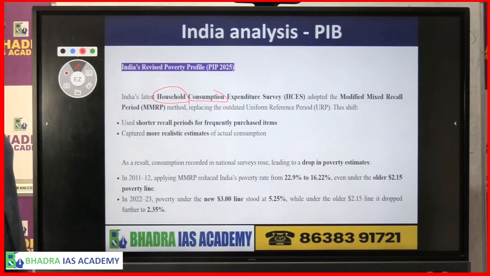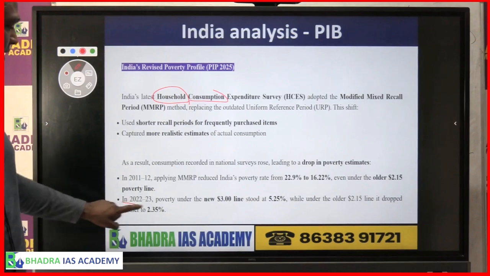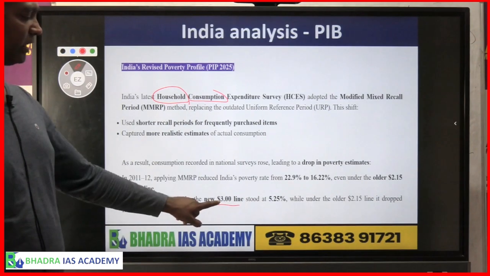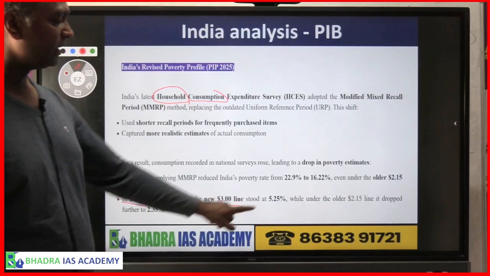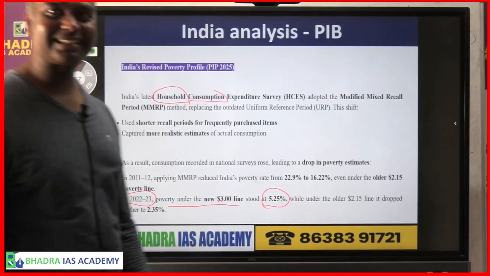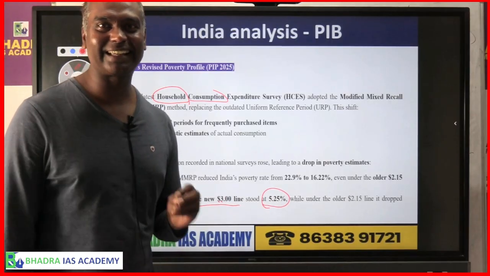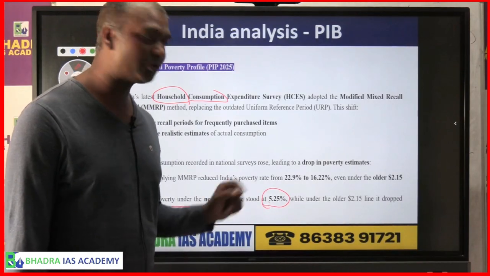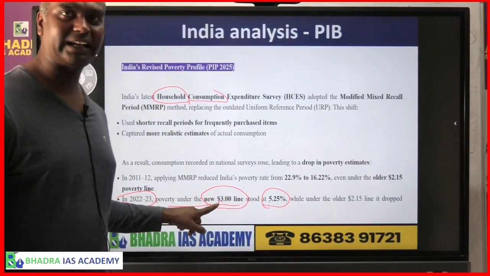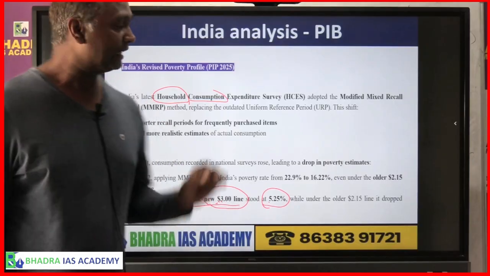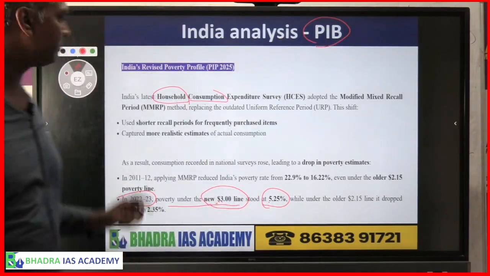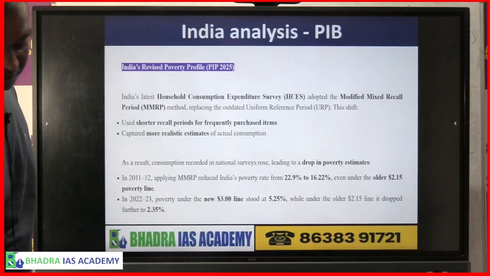So according to the calculation, in 2022-23, poverty under the new $3 per day comes to just 5.25%. That means India में अभी poverty कितना है? Just 5.25% based on the international का new poverty line $3 per day. This is published by India का government, that is the PIB official news publication.